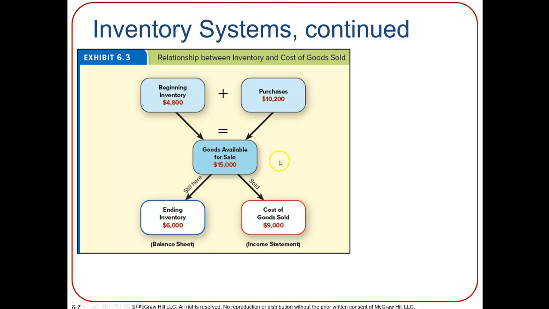Which gives us what we call goods available for sale. So if we started in this example with $4,800 worth of inventory, we purchased another 10 too, then at some time during the month, we had $15,000 of goods available to be sold.